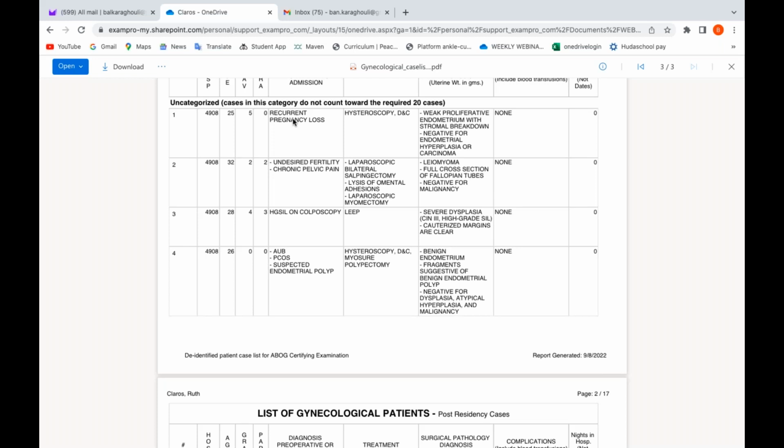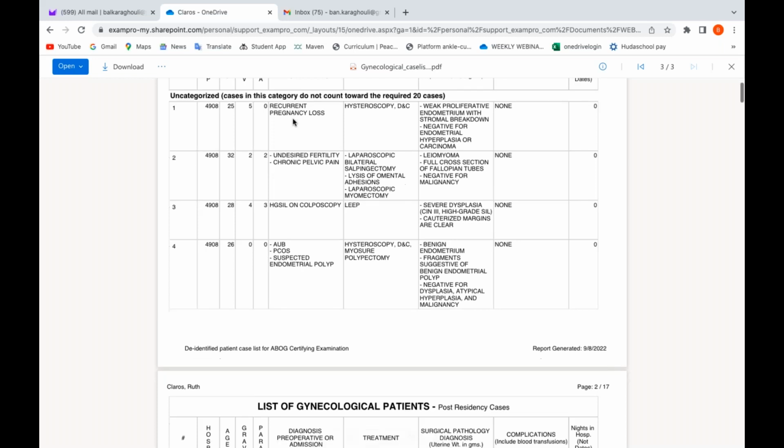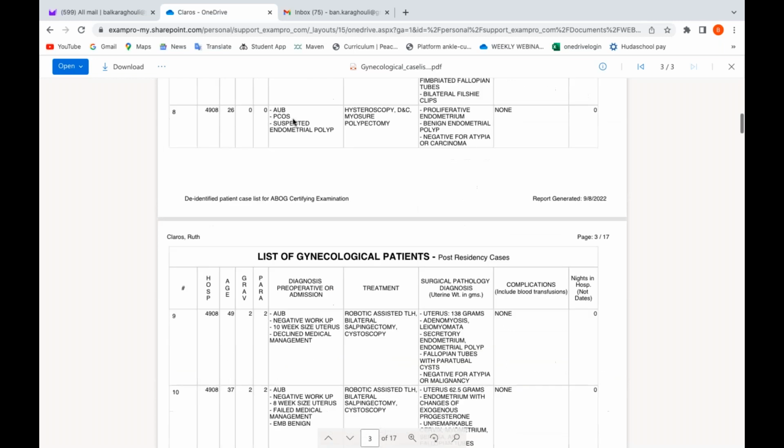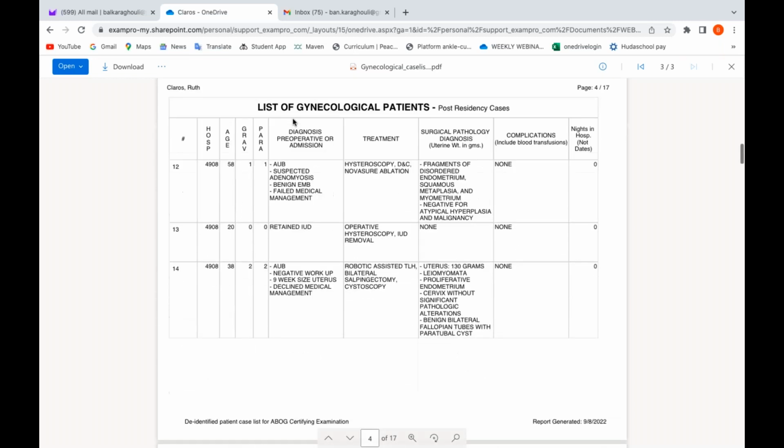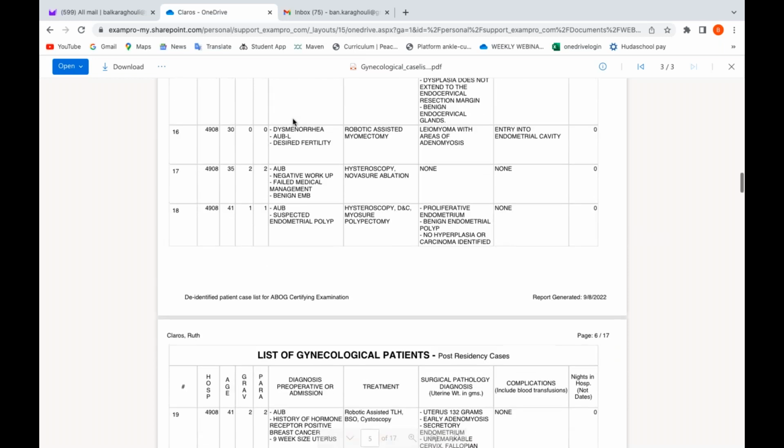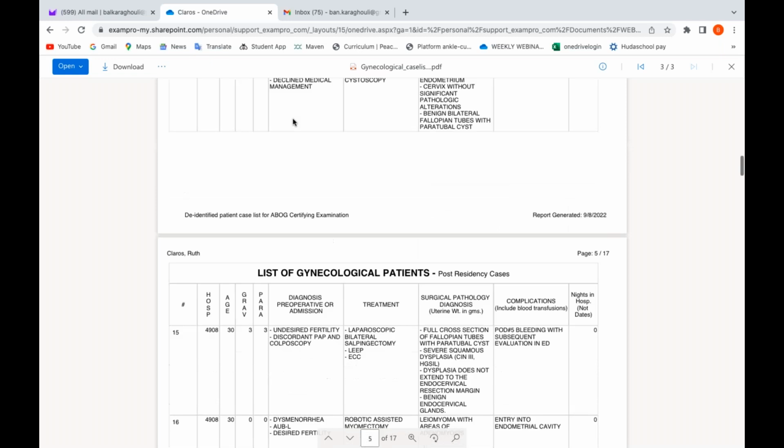It could also be due to chromosomal issues with the fetus, chromosomal issues with the parents, or it could be other conditions like antiphospholipid antibody syndrome, as well as some other endocrine abnormalities.